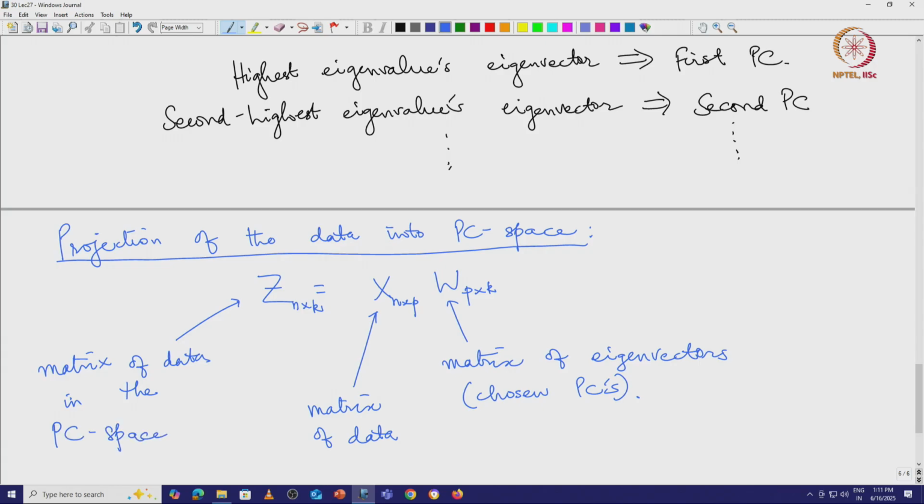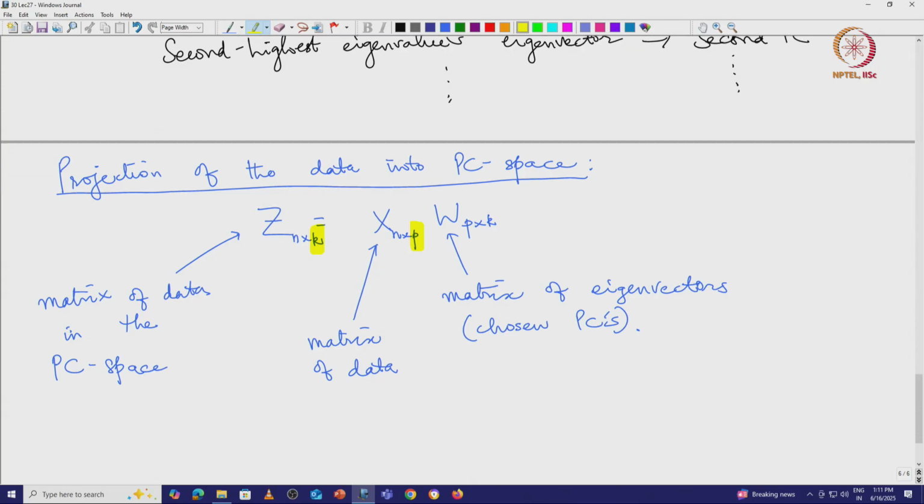So, thus, right, what did you start with? You started with an n by p matrix, right. You had p features, but you finish with only k features, right. So, this is what is allowing you to do dimensionality reduction, right.